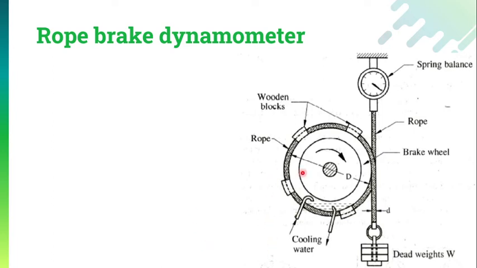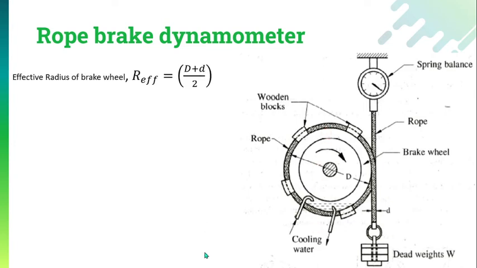You can observe that the flywheel diameter is capital D, but due to the ropes the diameter is getting increased. So we need to identify the effective radius of this flywheel, because we will need that radius to identify the torque.